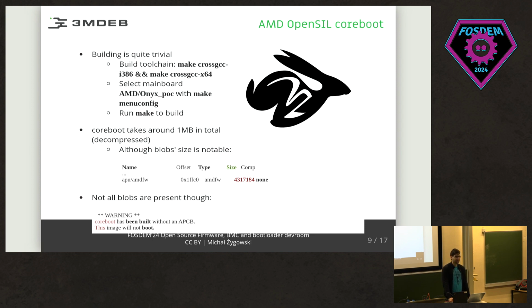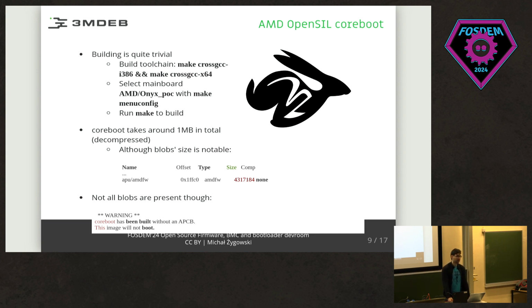But at the end of the build, we are informed about some missing blobs, which is the APCB. So the AGESA configuration block, if I recall correctly. It is the input information for the PSP: how to train the memory, what the topology is, how to find the training parameters, and stuff like that.